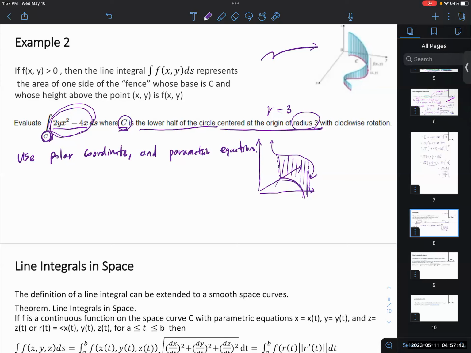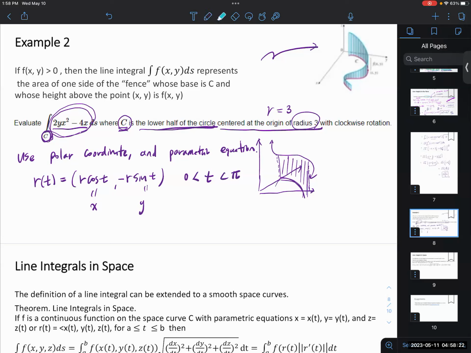Just so you know, the parameterization for the curve, if you remember, we have r(t), and then R times cosine t represents x, R times sine t, actually one is negative, represents the y. So this is the parameterization for the curve in terms of the t variable. And this is the half. The t is going to be between 0 to pi.